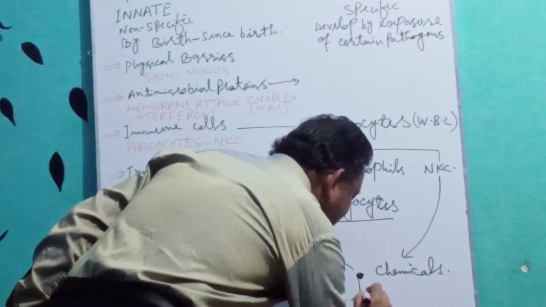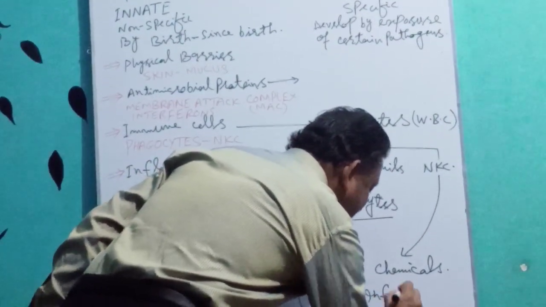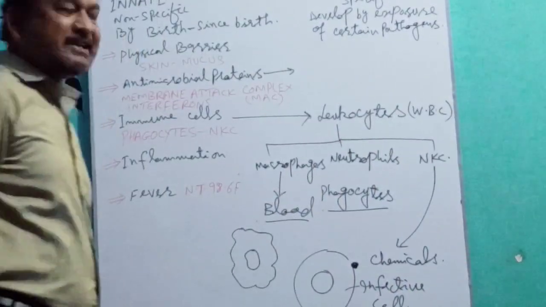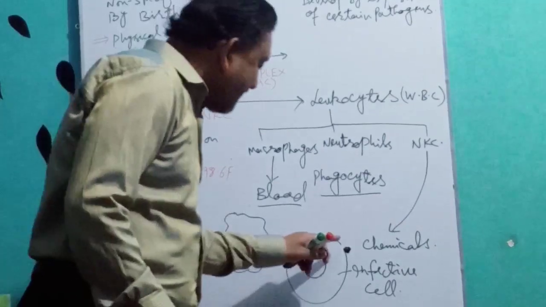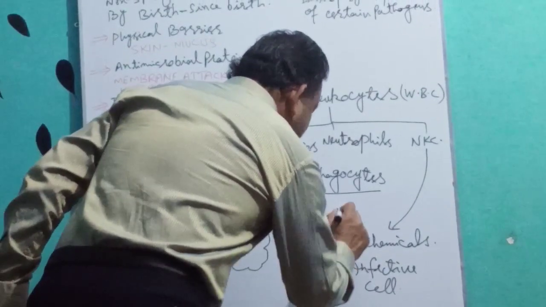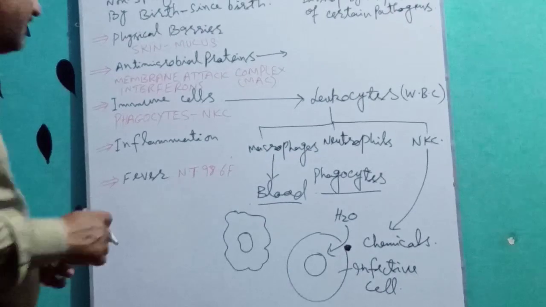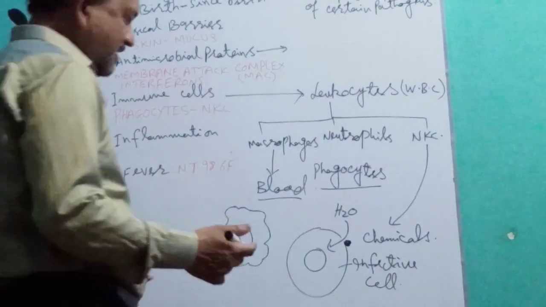This is the infective cell, and when a hole is created, water diffuses into the cell and the cell bursts.